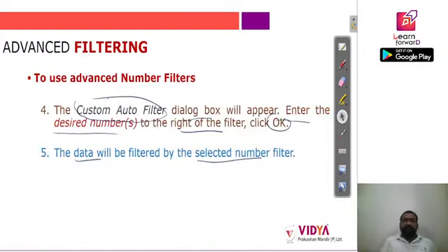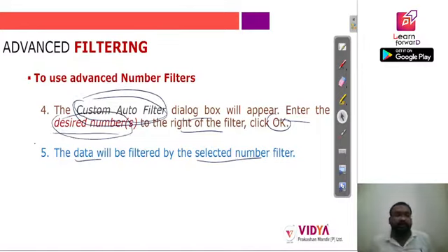Once you select it, a custom auto filter dialog box would appear, and in that box we will apply the criteria that we want. That means we will enter the numbers that we want. Like suppose when we applied between, we provided that the order value should be greater than 100 and less than 1000.